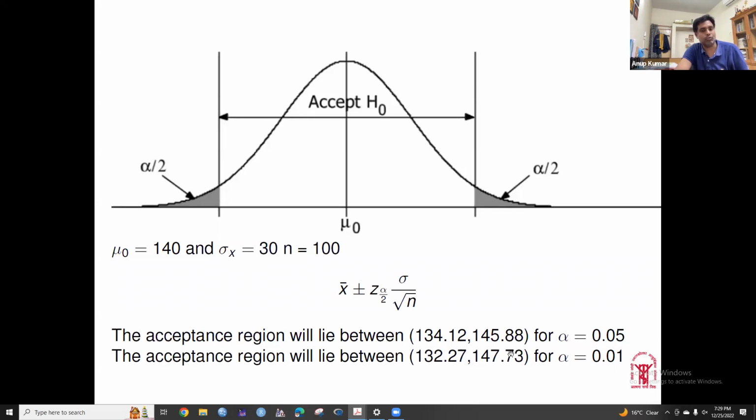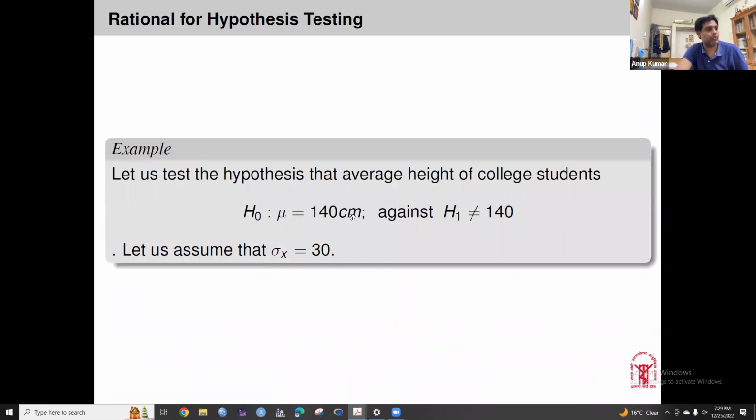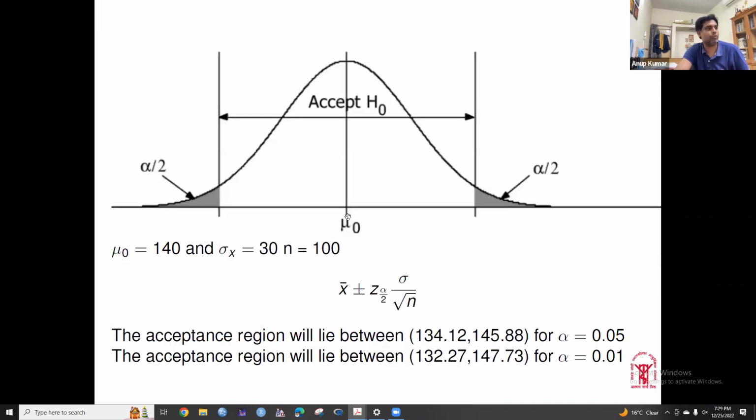If you take a sample of size 100 and calculate the mean, and the mean lies between 134 and 145, then you will say that this 140 centimeter is true. The null hypothesis is true if your mean lies in this interval.